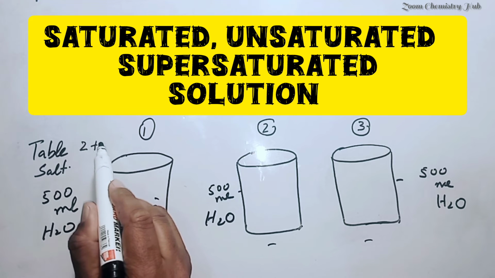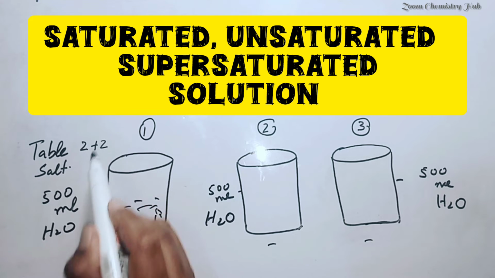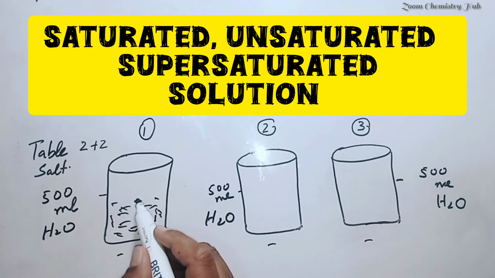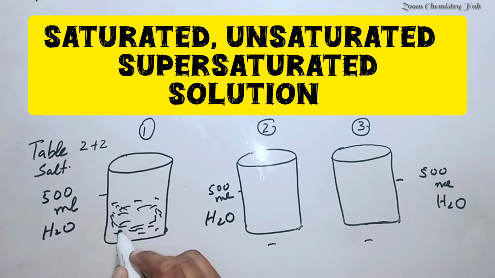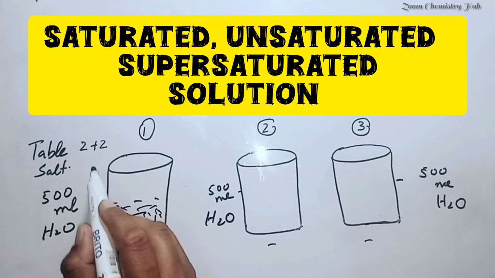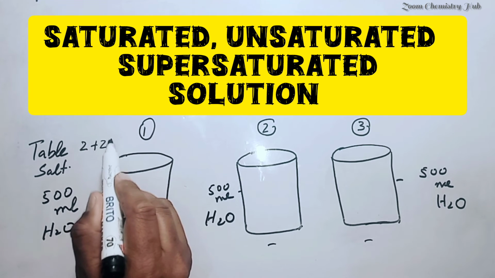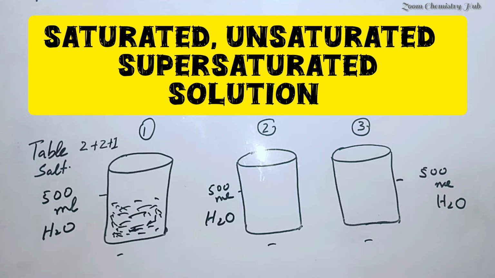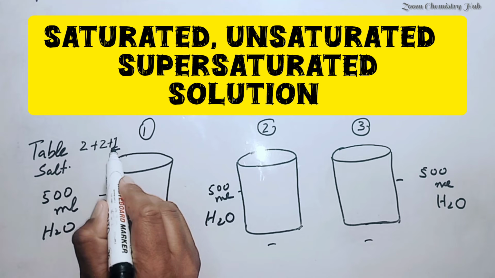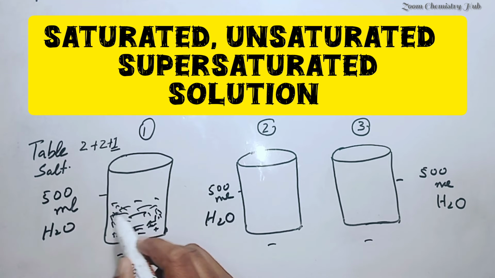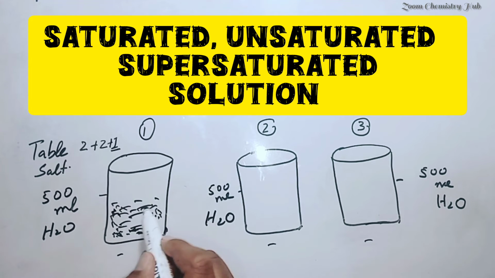Next we will add 2 teaspoons more and they also dissolve. Again we add 1 teaspoon more. Then this table salt is not dissolved in that solution at this temperature.